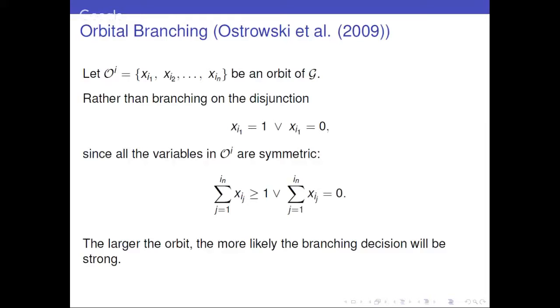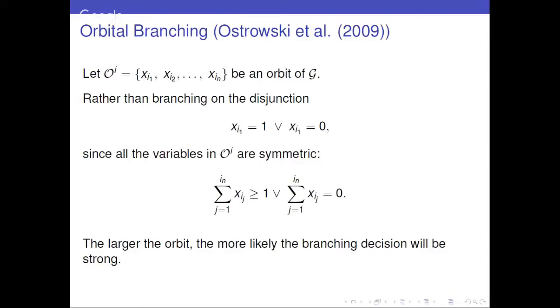And that's where symmetry comes from, because you can pick any one of them and the result is the same, but it increases the complexity of your decision making. So the original idea that Jim worked on in his PhD was to say, well, instead of branching on one variable, 0 or 1, which can cause this very large growth of the tree, you can branch, because you have this special symmetric structure, by saying either they're all 0 or at least one of them is 1.